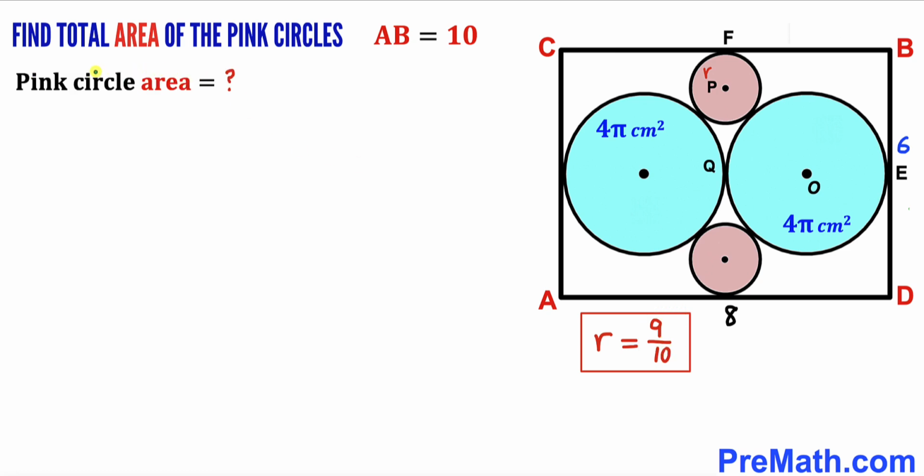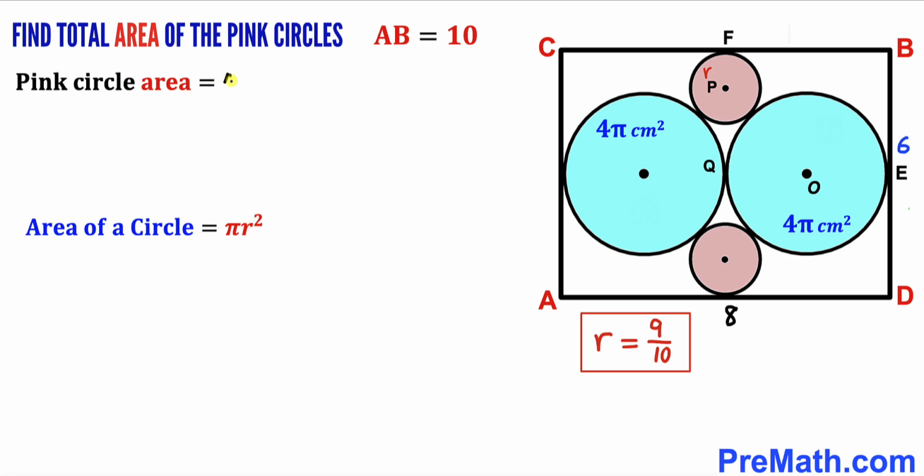And now let's go ahead and calculate the area of this pink circle. And now let's recall the area of a circle formula: area equals to pi r square, where lowercase r is the radius of this pink circle. So let's go ahead and fill in the blanks in this formula.